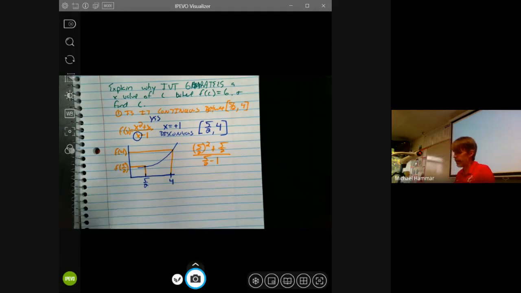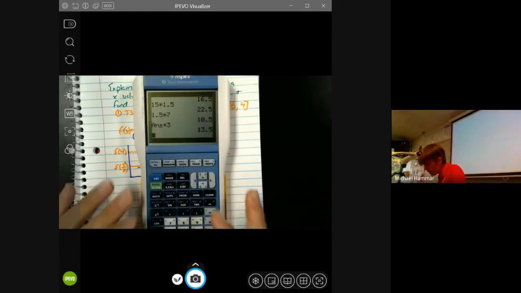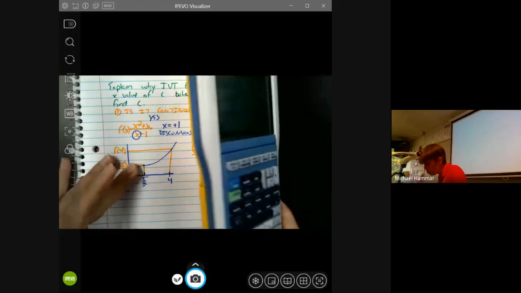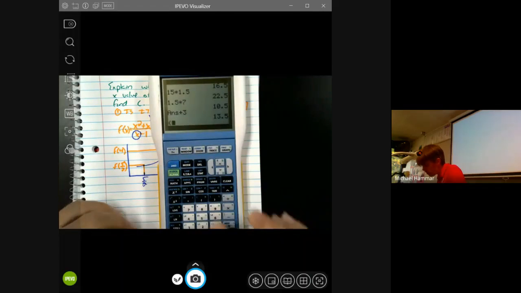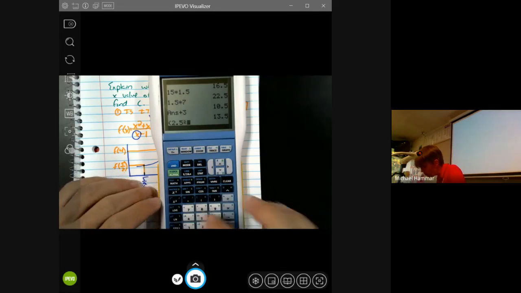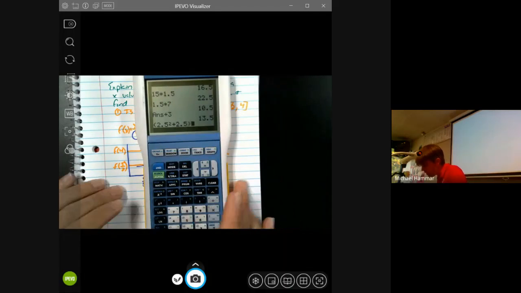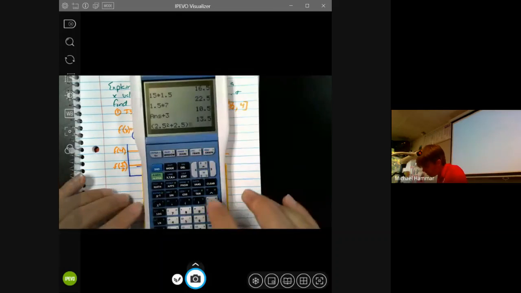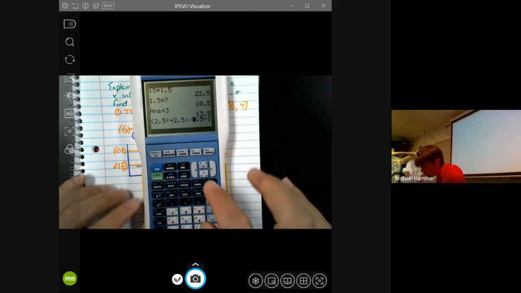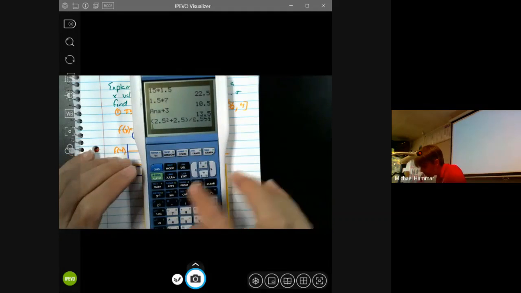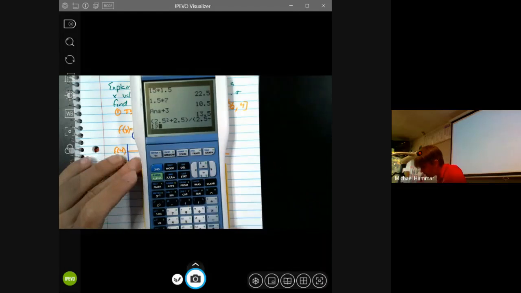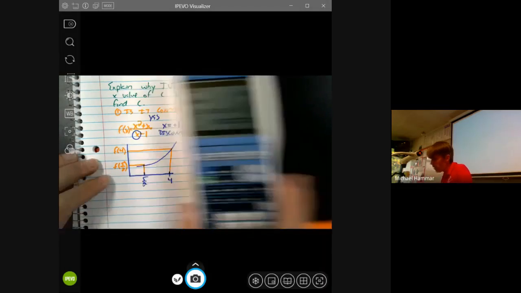Let's use our calculators to calculate that value. I'm going to plug in 5 halves as 2.5. I'm going to close my parentheses: 2.5 squared plus 2.5 in the numerator, divided by 2.5 minus 1 in the denominator. Oops, I forgot to put in my parentheses. Always remember to put parentheses in there, and that value is 5.83.